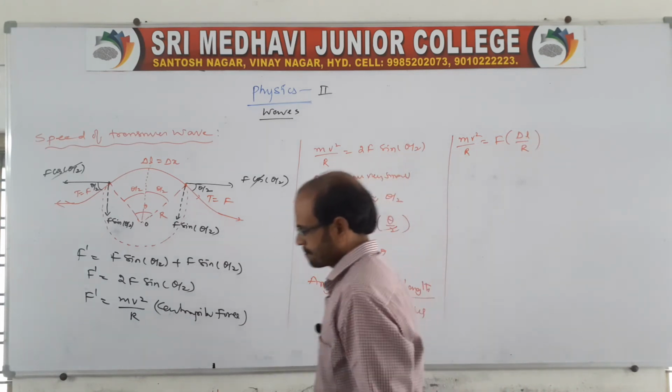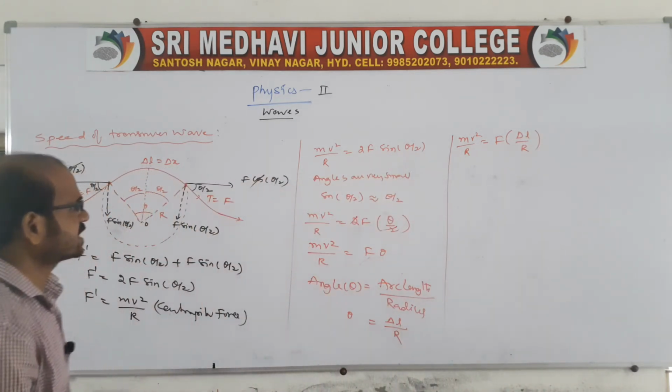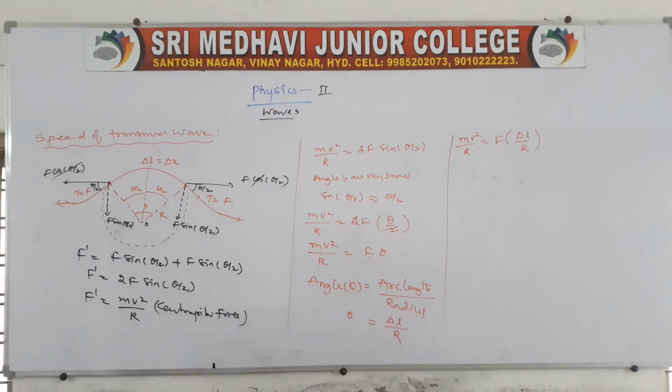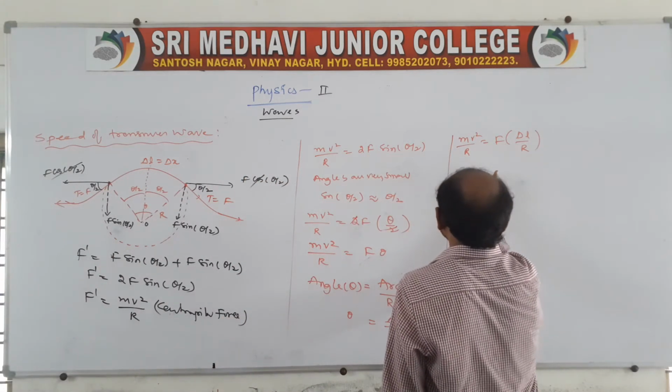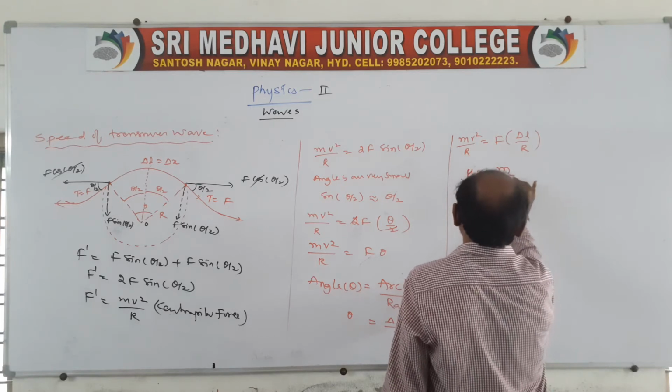Now another quantity is there, mass. Using mass we can also write like this: linear density mu is equal to mass per unit length.